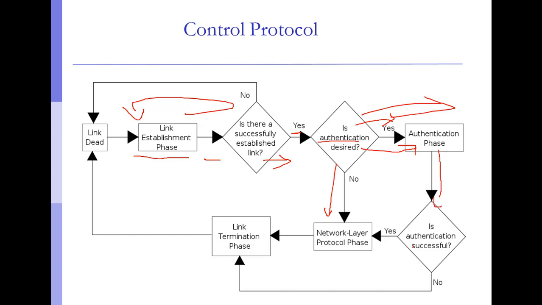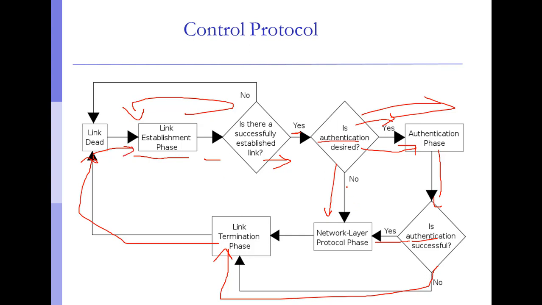If the authentication is successful, it will go into the network layer phase, and if the authentication fails, this will lead to the termination of that link. The link will be terminated and it will go again to the dead link phase, and then to the establishment of a new link. So this will keep going again and again.